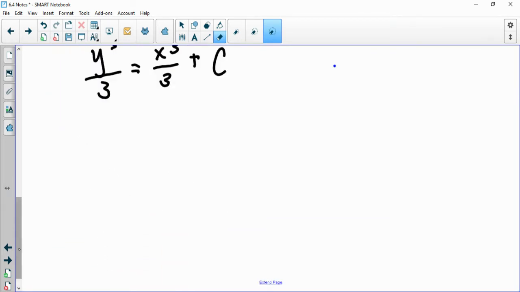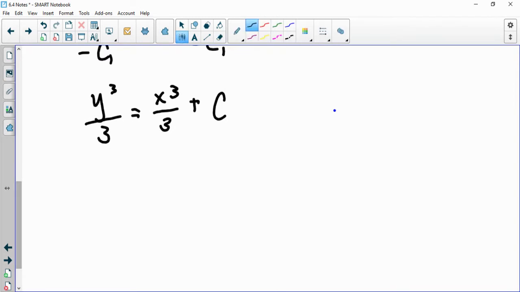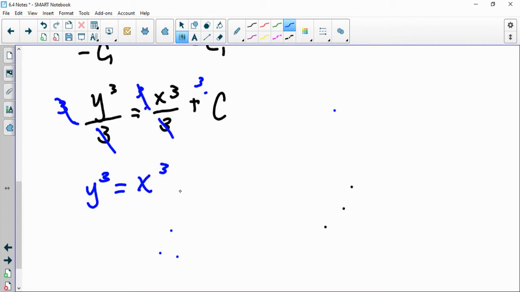Okay, so now we're solving for y. All right, we can do this. That's not hard. Okay, so I got a 3 on the bottom. I'm going to multiply everything by 3. So now I have y cubed, because those cancel, equals x cubed, because those cancel, plus 3c.